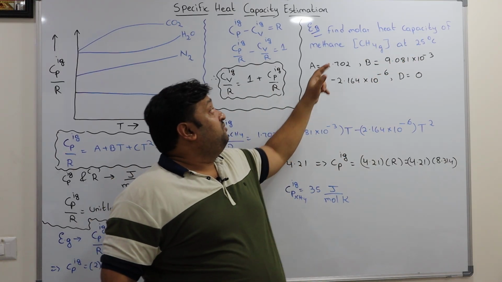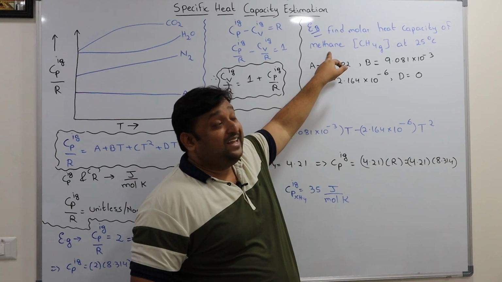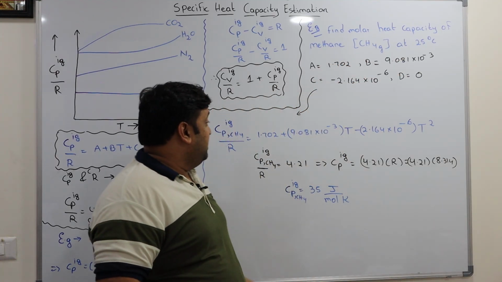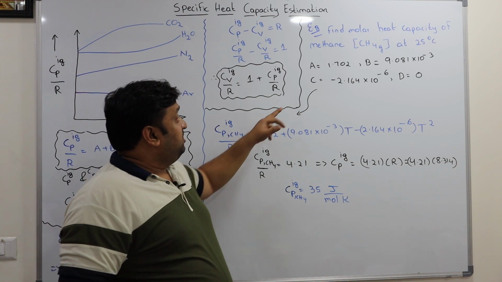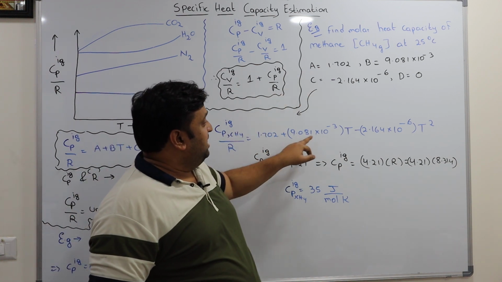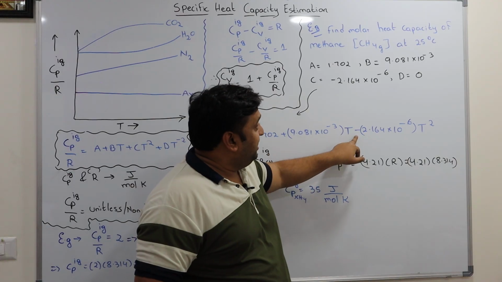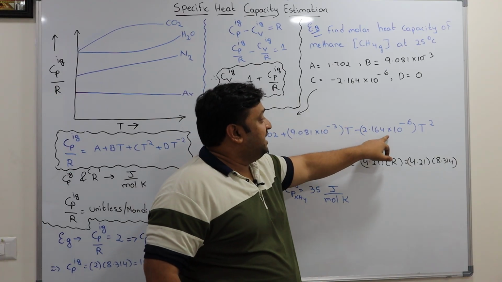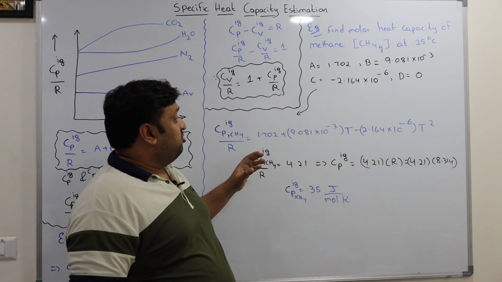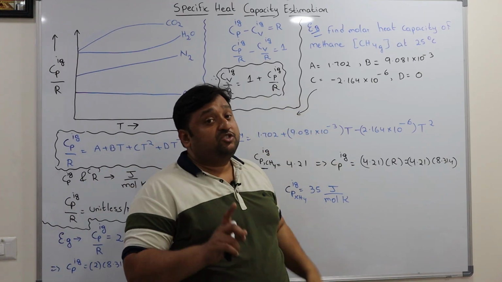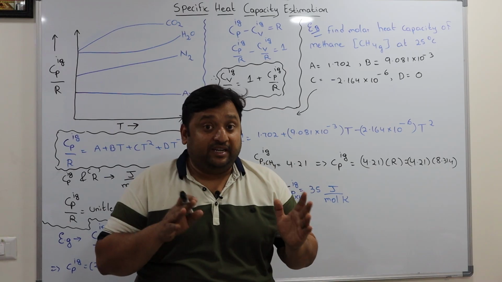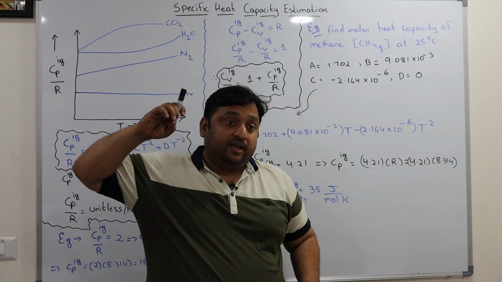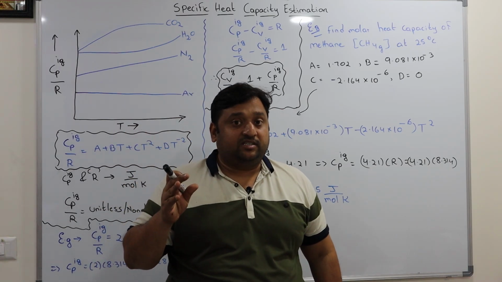So what is the value of the molar heat capacity of methane at 25 degrees centigrade? Substitute: CPIG of methane by R is equal to A plus B times T plus C times T square. If you substitute the value of temperature, which is 25 degrees centigrade, always use Kelvin, not degrees Celsius. By default, you always do these estimations in Kelvin.